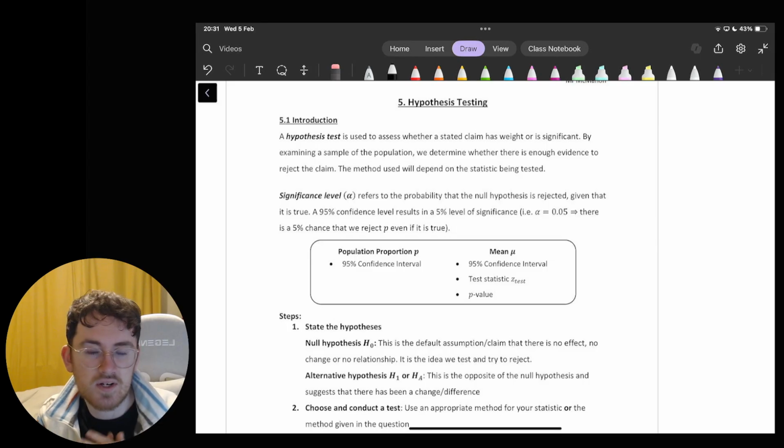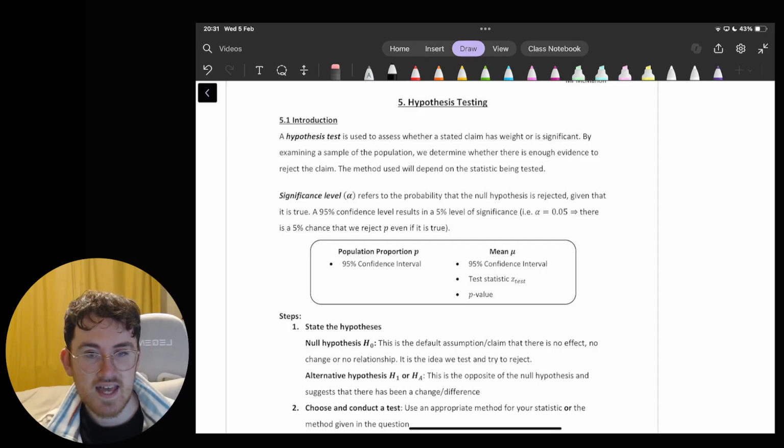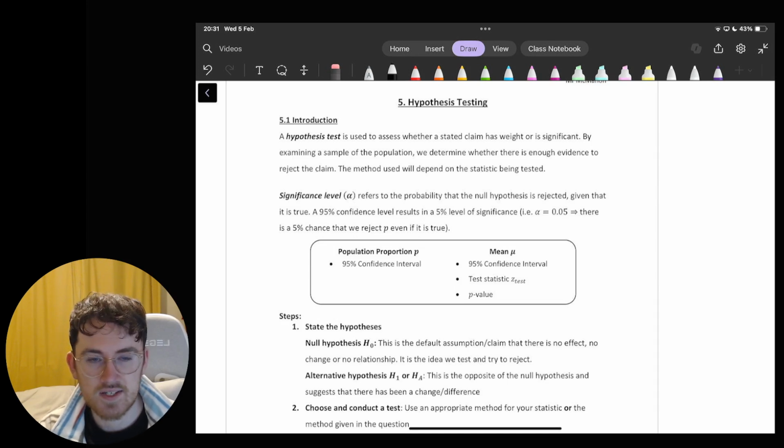So we're 95% sure that it does lie within that range, but that of course means there's a 5% chance that it doesn't. So there's a 5% chance that we reject this idea because it doesn't fit the confidence interval that we've set, but there's always a 5% chance that even though it doesn't fit in, it still actually was true. Okay, so that's our significance level there.